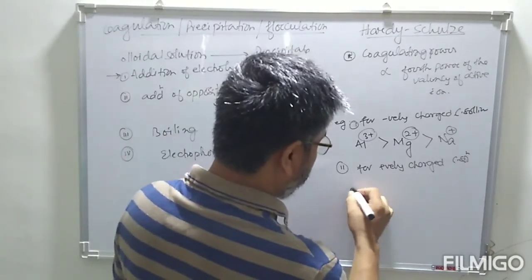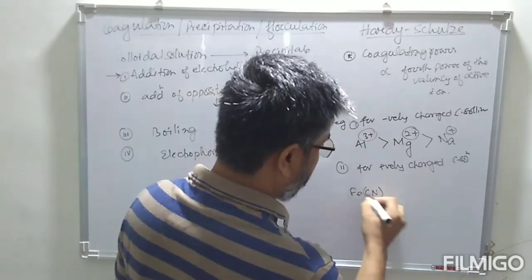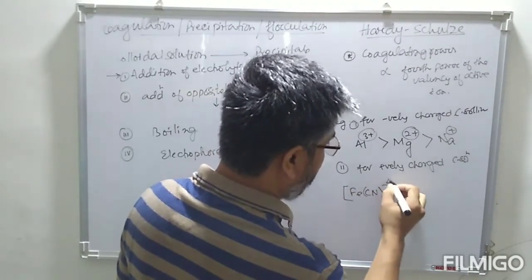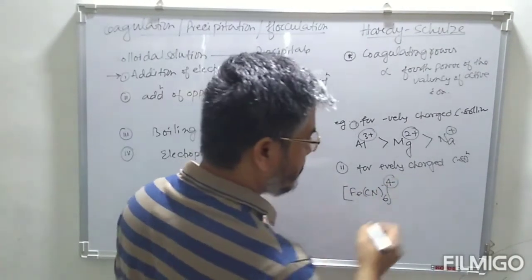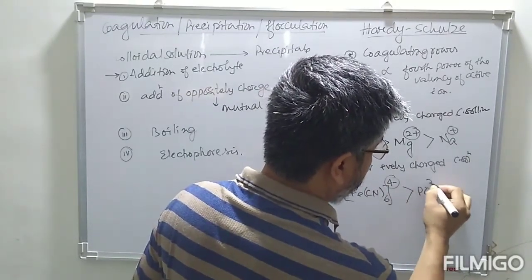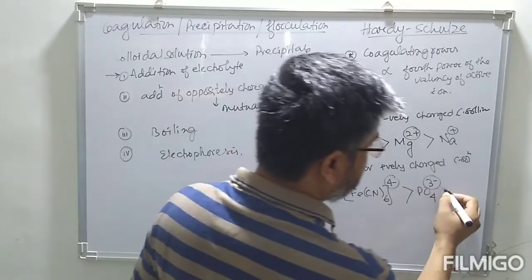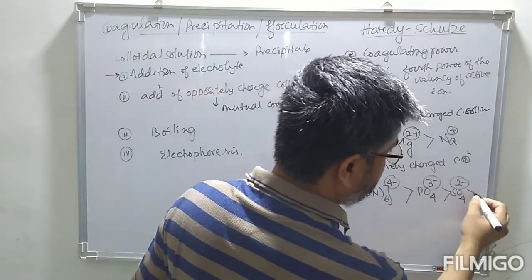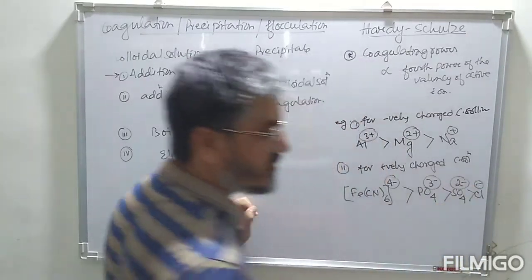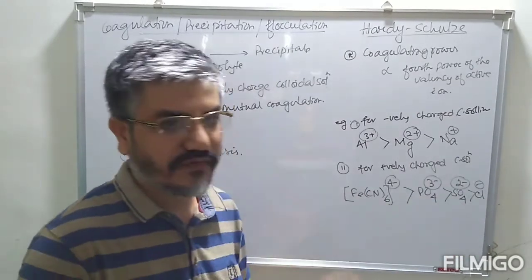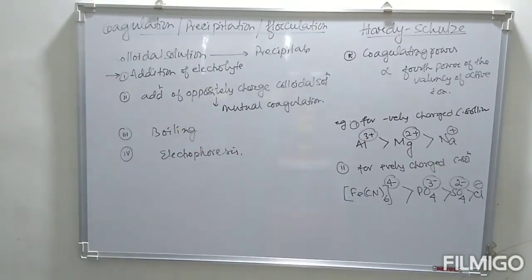So for this, Fe(CN)6 with valency 4 for the negative ion is greater than phosphate, with valency 3, which is greater than sulfate, with valency 2, which is greater than Cl minus, with valency 1. So as the valency increases, the coagulating power of the active ions also increases.